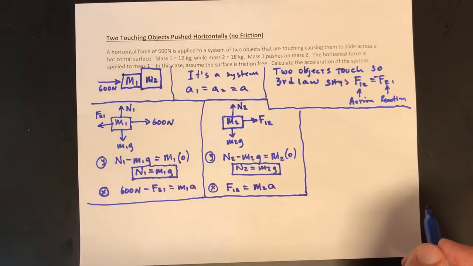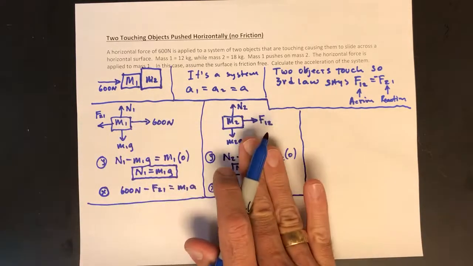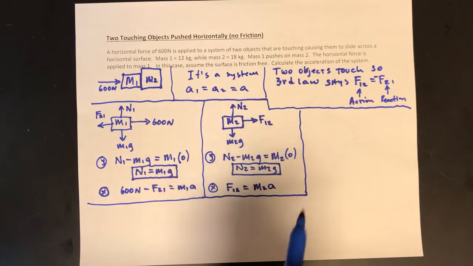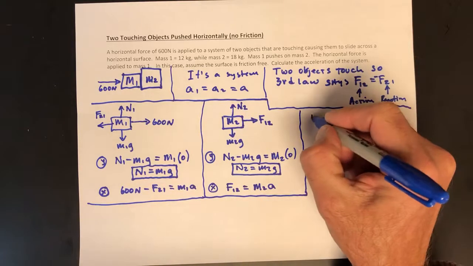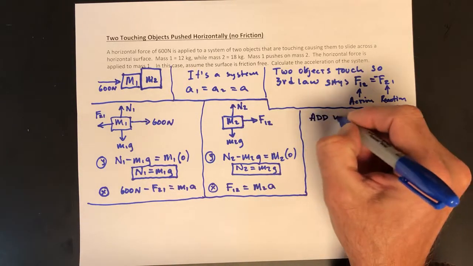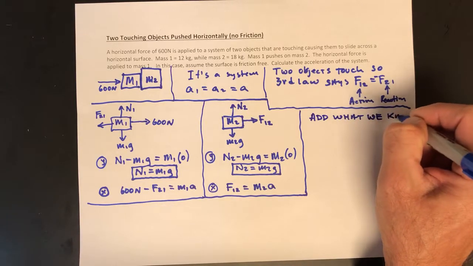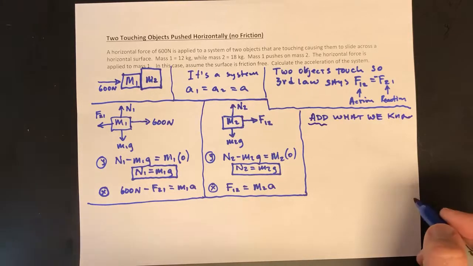So the next step, what we want to do is, we know something about M1 and we know something about M2. So I want to take those ideas and combine them together. So we're going to add what we know. And we're going to do that literally. We're literally going to add two equations.